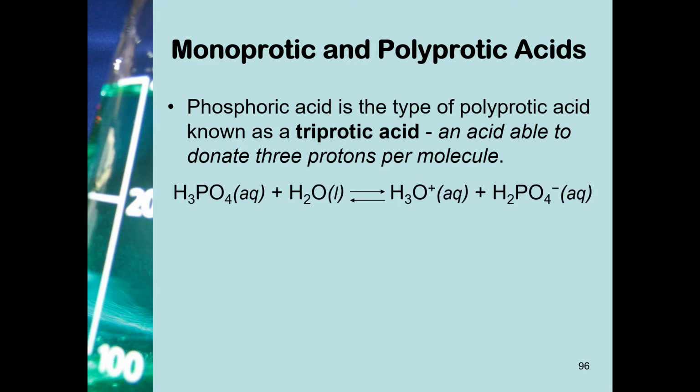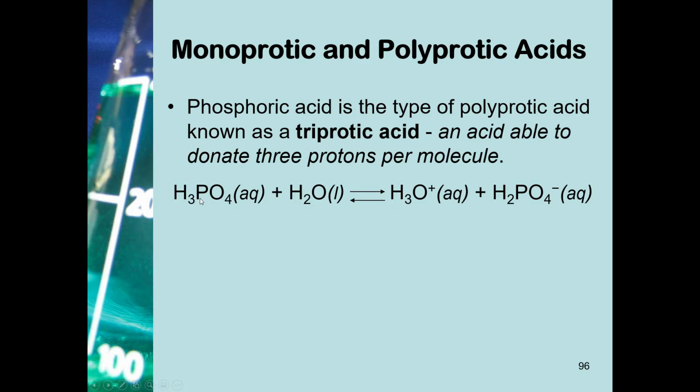So this would represent the first stage, where we have phosphoric acid ionizing in water to form a hydronium ion and an H2PO4 negative ion. But notice that in the very first stage, there is an equilibrium formed.